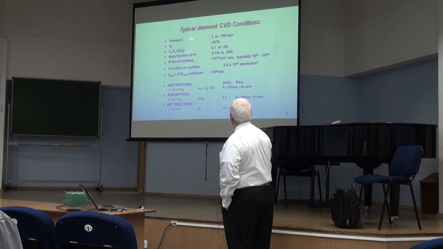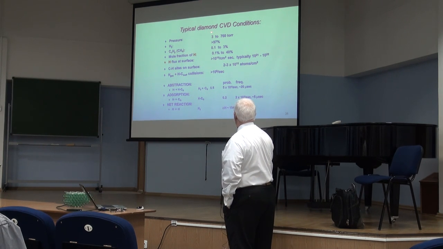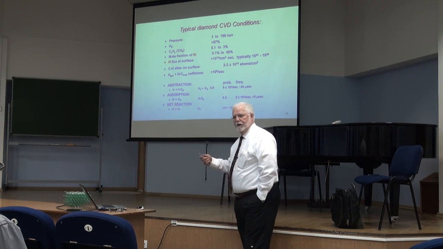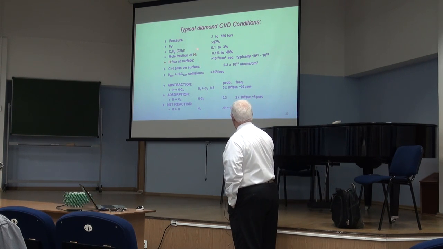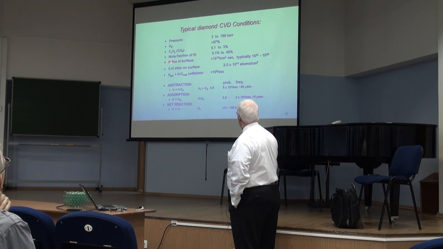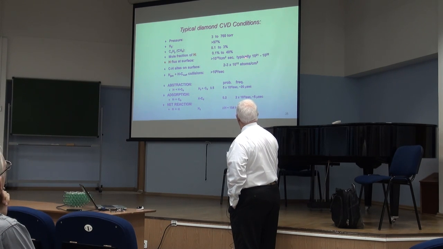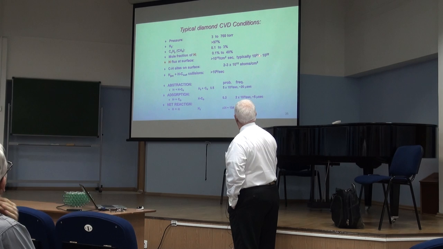We have hydrogen at some pressure, typically 100 torr or something like that. We dissociate it with the plasma, so we have a mole fraction of atomic hydrogen that can range from 0.1% up to 40%. This means the atomic hydrogen flux to the surface is typically in this range.